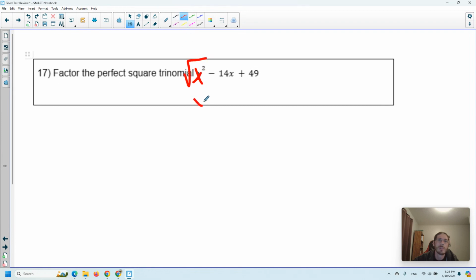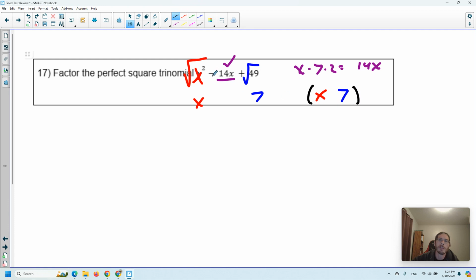So if we square root this, we get x. If we square root this, we get 7. If we check, x times 7 times 2 is not negative 14, it's just 14x. Looking at the negative sign. So that works out.